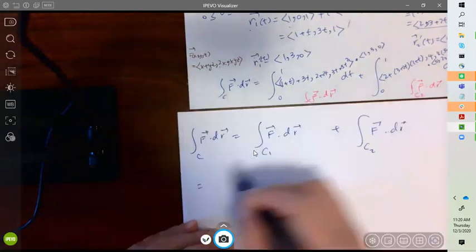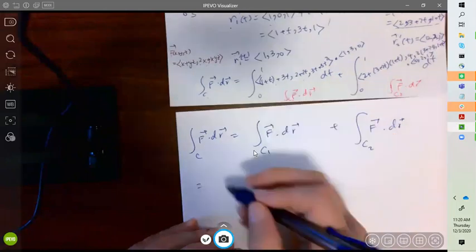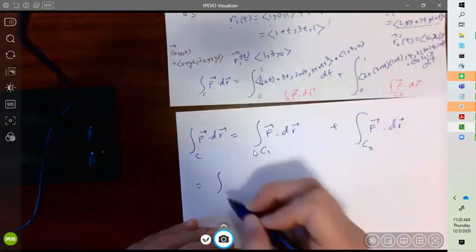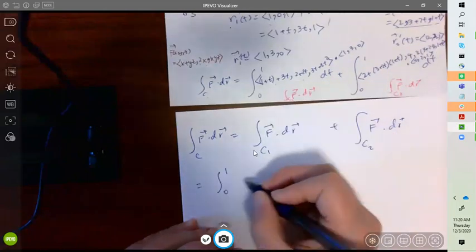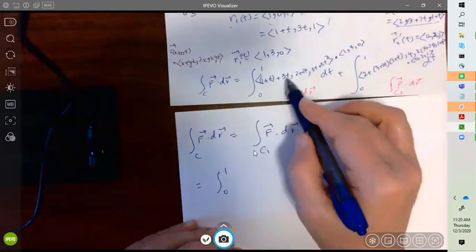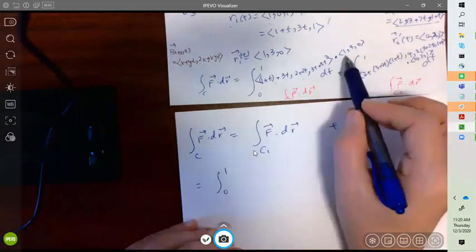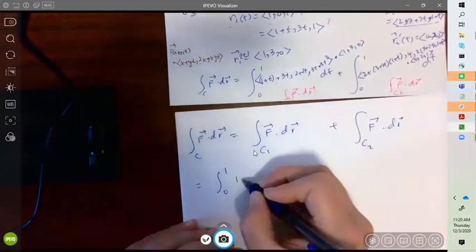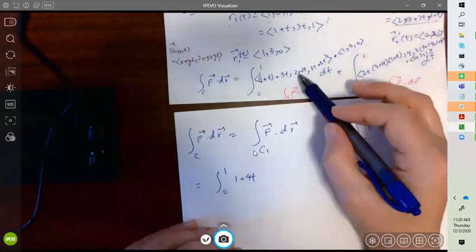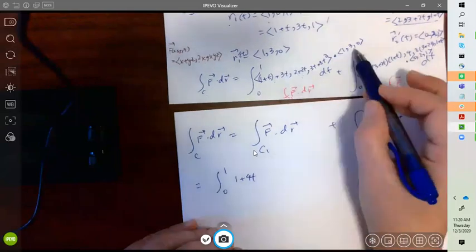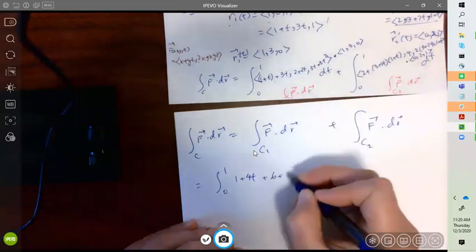For the first piece over here, I will have the integral from 0 to 1, 1 plus t plus 3t times 1. So it's 1 plus 4t. Then 2 plus 2t times 3, that's 6 plus 6t dt.